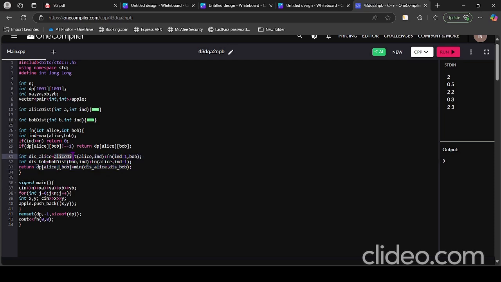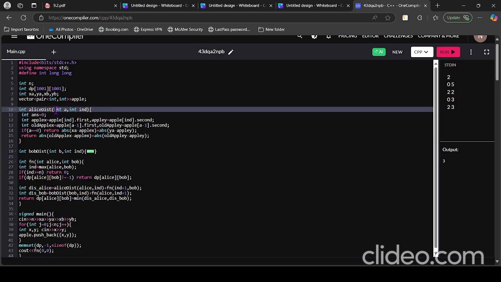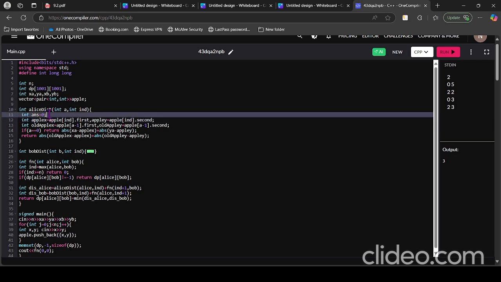So what is Alice distance? So int A and ind. A is 0 if he is at the initial position, and if it is not equal to 0, he is at the A-1 index apple. So initially the answer is 0 here, the distance is 0, and the x coordinate of the apple is apple of index dot first, and the apple y coordinate is dot second.